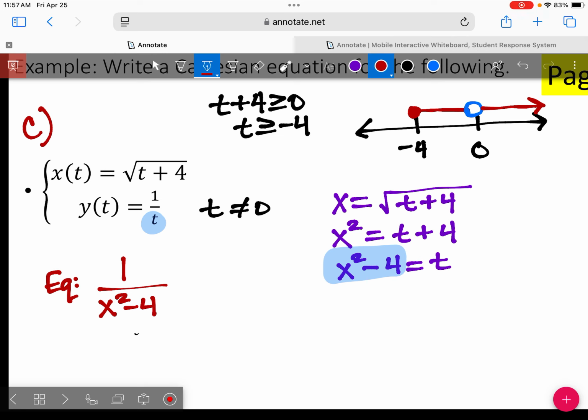Okay, but now we have another restriction though. Because now we got something else in our denominator that we got to think about. So let's take that and set that equal to 0. Go ahead and solve that for x. Because after we did our substitution, now we have x squared minus 4 in our denominator.